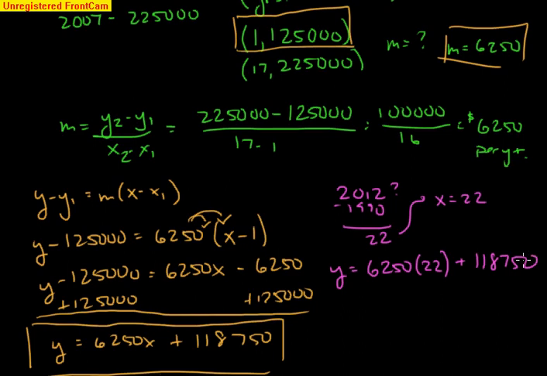And if you do this in the calculator, you get $256,250. This is the value of the home in 2012.